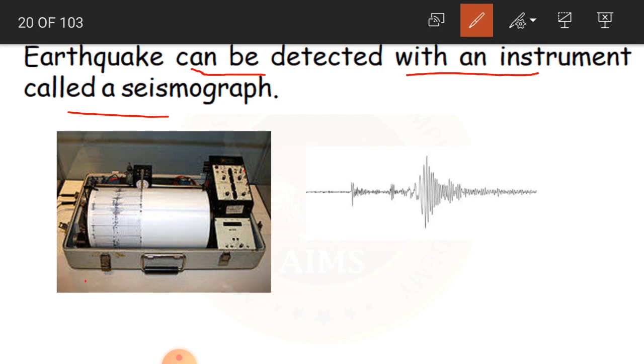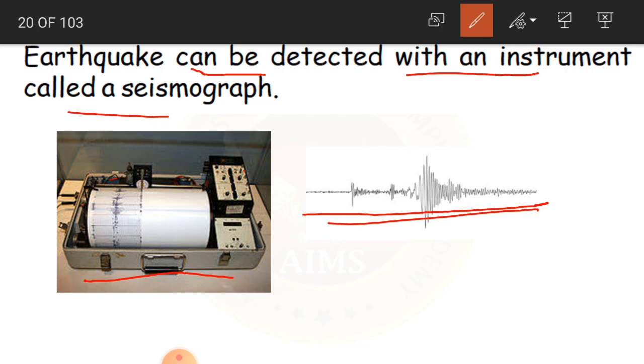See here, this is the instrument. This is the graph. Now, like we take an ECG report, children. Why do we take an ECG report? To test our heartbeat. So when somebody is ill, to test the heartbeat, we undergo an ECG test where the heartbeat is shown in a graph.